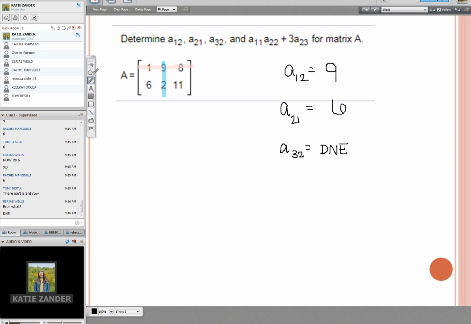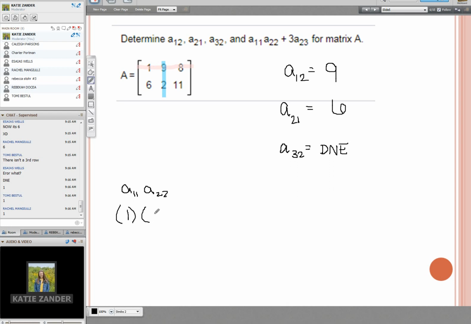All right, let's go ahead and put together the multiplication and our addition piece. First, let's identify what element is in A sub 11. Row 1, column 1, that's element 1. What about A sub 22? What can I replace that with? Row 2, column 2 is 2.